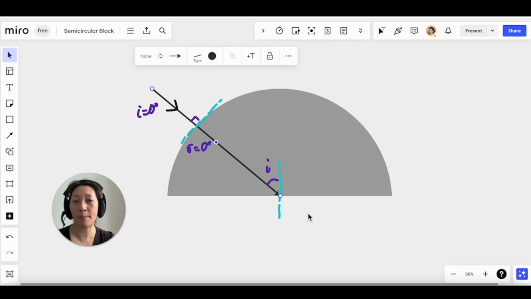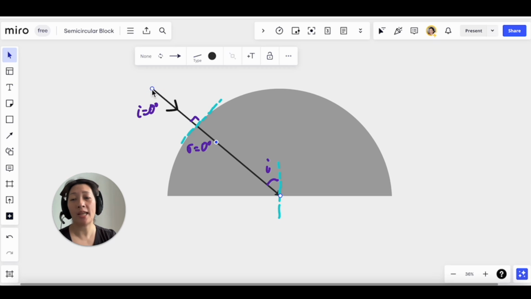By using the semicircular glass block and pointing the light ray towards the center of the semicircle, this enables us to control the value of this incident angle. This then enables us to observe the phenomenon of total internal reflection and therefore measure the value of the critical angle. So how do we get the critical angle?